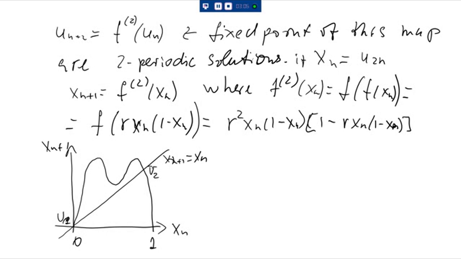And when r is large enough, we will have something like this.